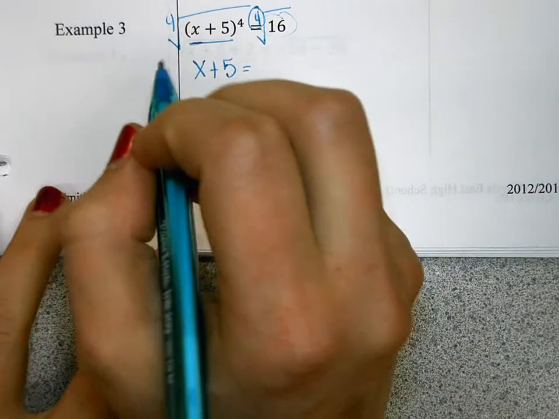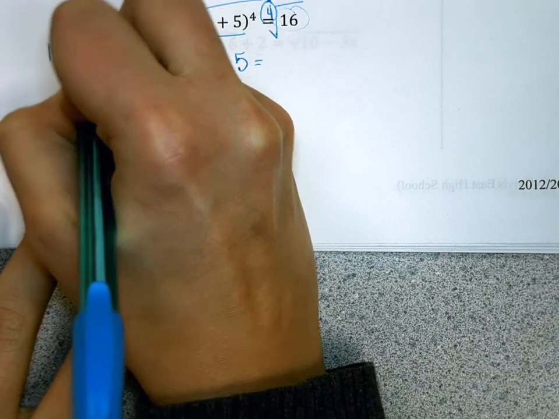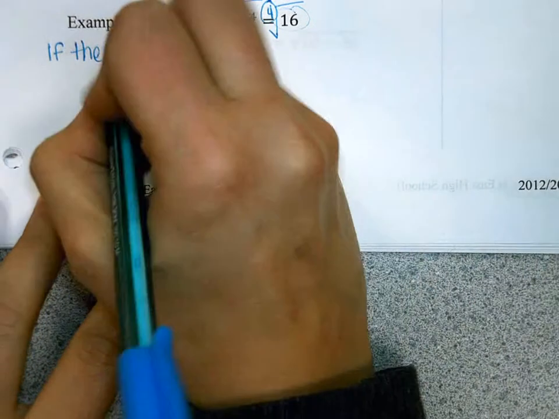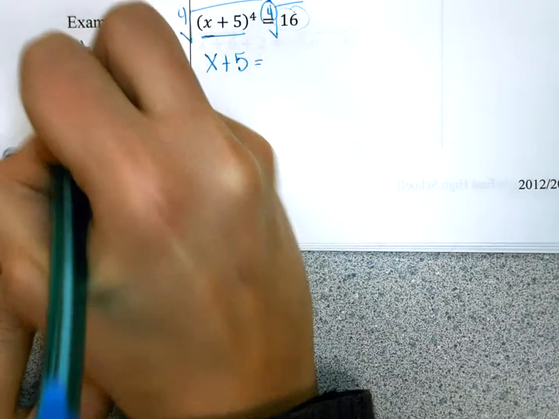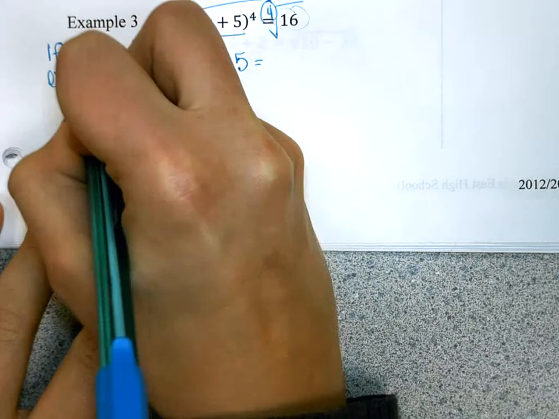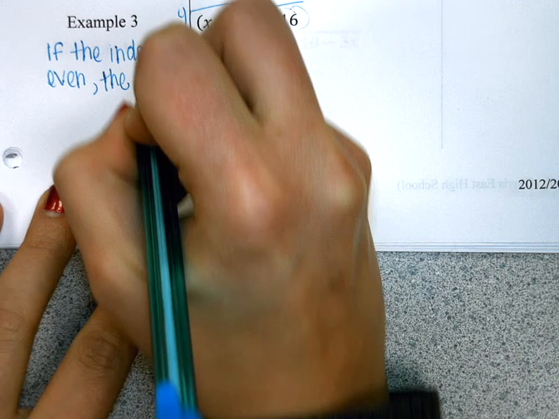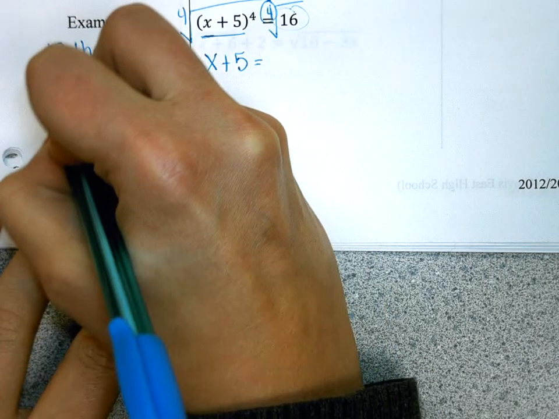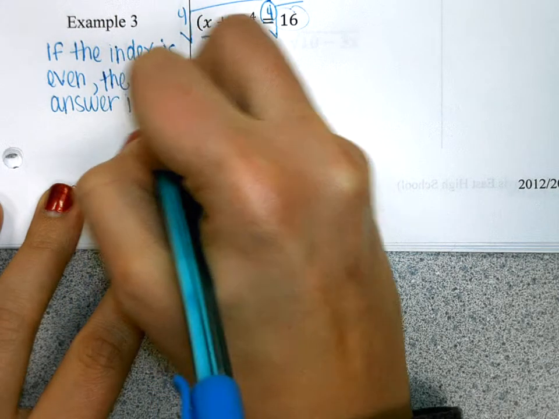So let's write that rule. If the index is even, the answer is plus or minus.